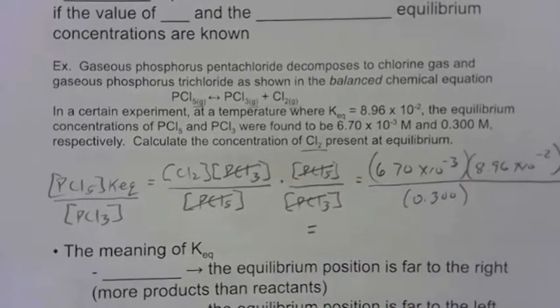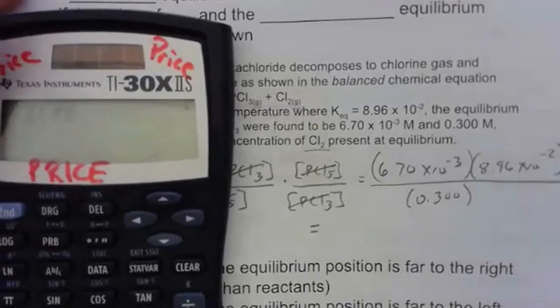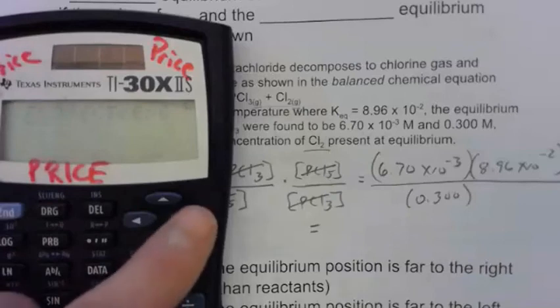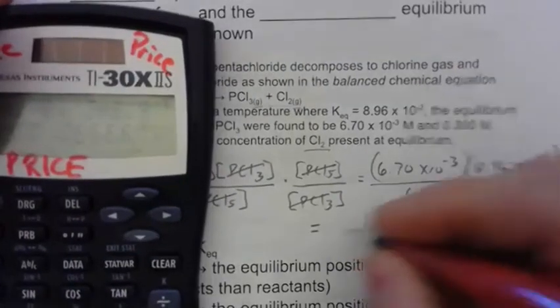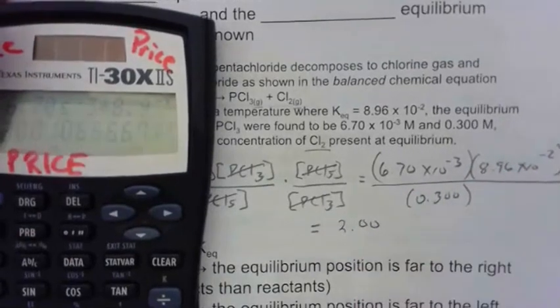And when I plug all that into my calculator, I have 6.70 times 10 to the negative 3 times 8.96 times 10 to the negative 2 divided by 0.300 equals. And there's the number. I'm going to put that into scientific notation the easy way. And I have 2.00, because all three have 3 significant figures.